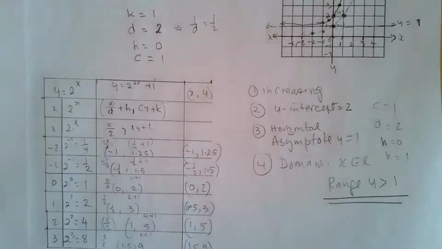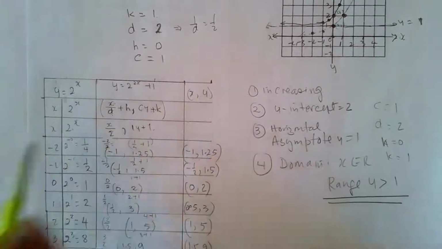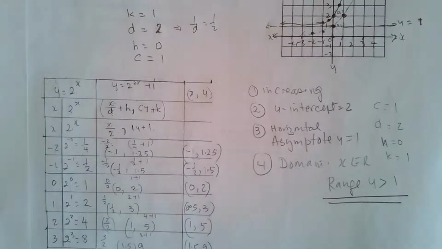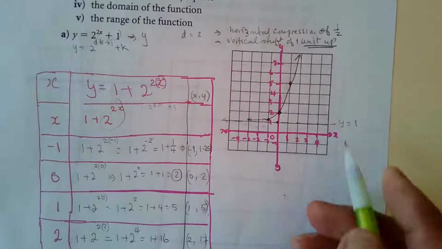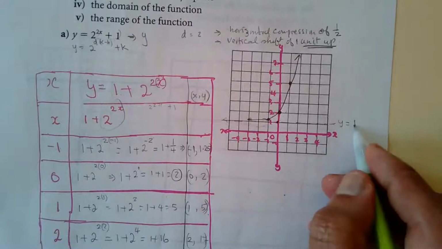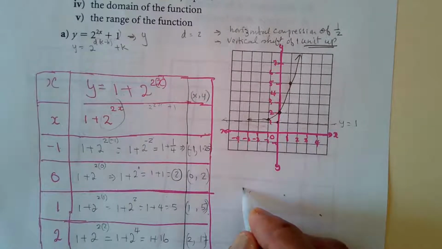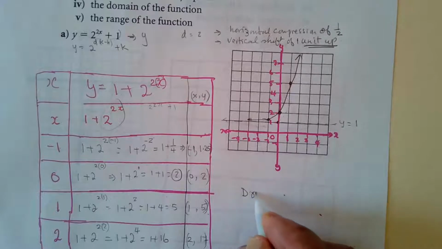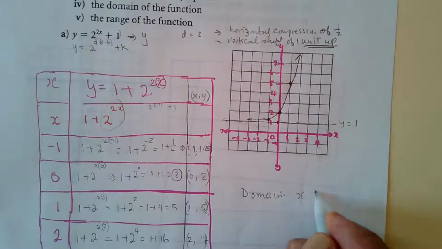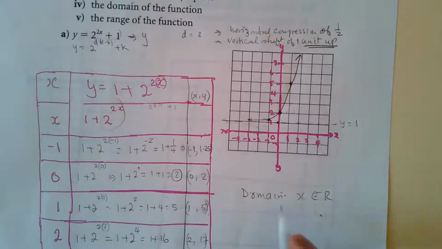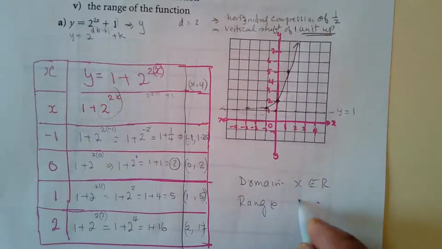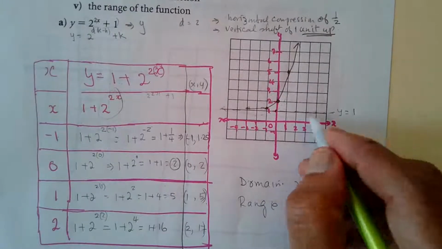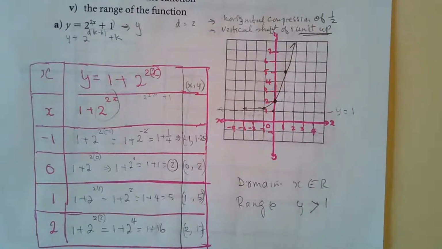But in this question here, they ask you to go back and sketch a graph to the original graph, the non-transformed one. And here we discovered that our asymptote is still y equals 1. So the domain is x, set of real numbers, and the range is y greater than 1 because it's above the asymptote, y equal 1.